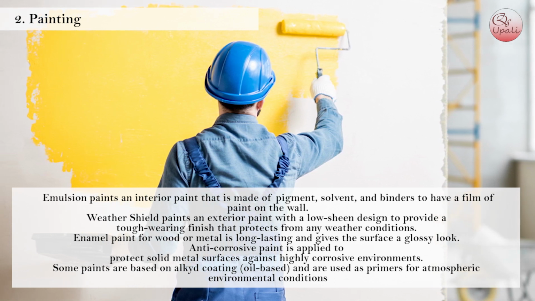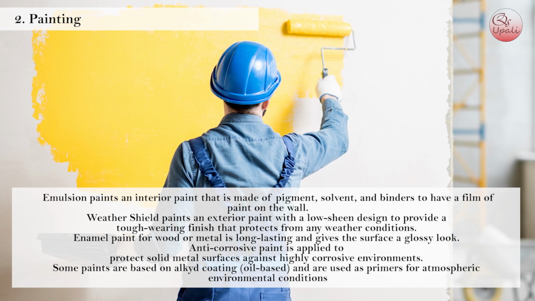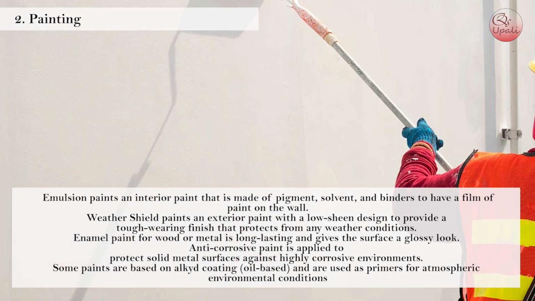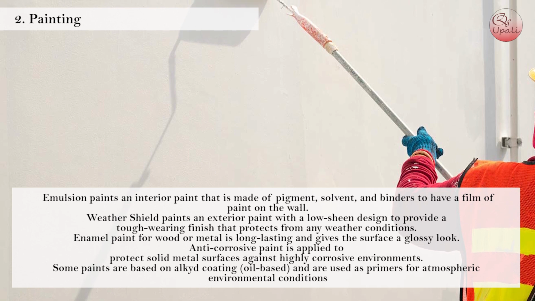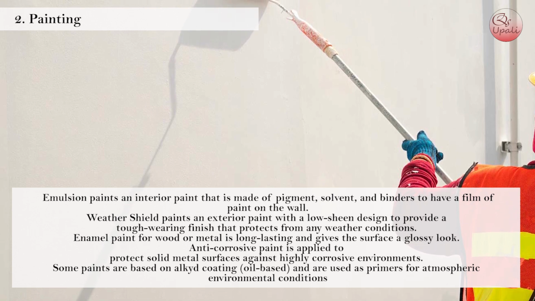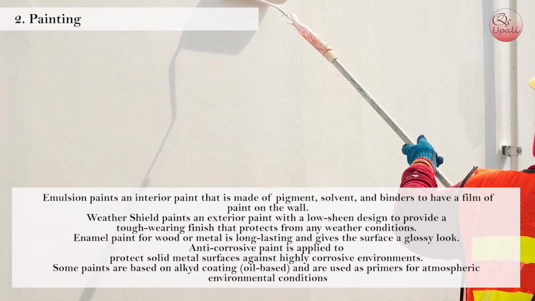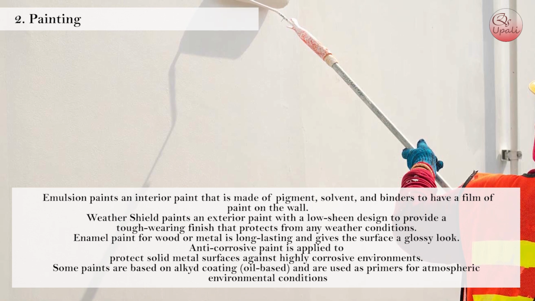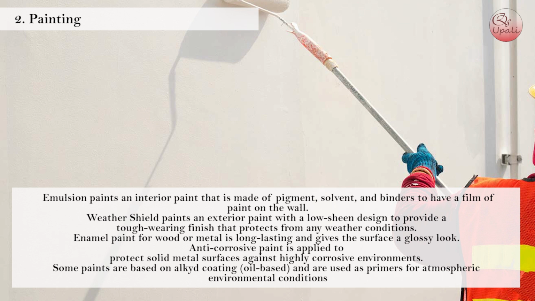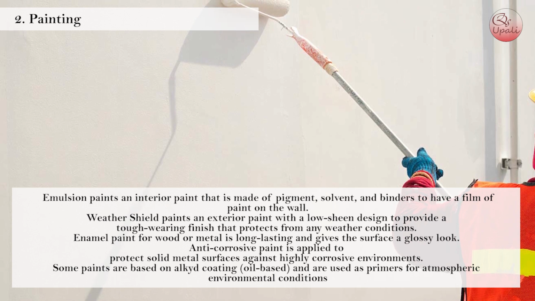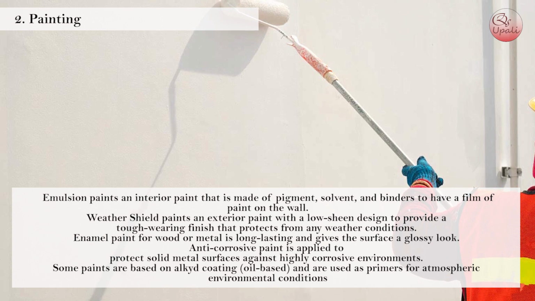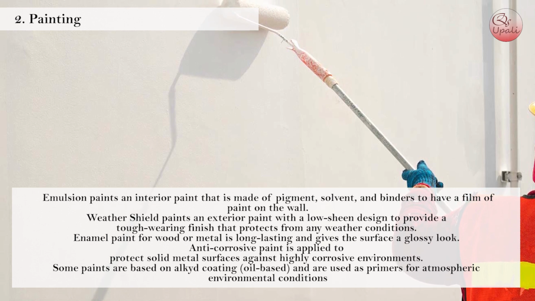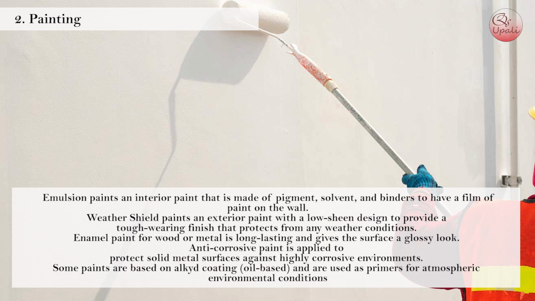Weather shield paint, an exterior paint with a low sheen design to provide a tough wearing finish that protects from any weather conditions. Enamel paint for wood or metal is long lasting and gives the surface a glossy look. Anti-corrosive paint is applied to protect solid metal surfaces against highly corrosive environments.